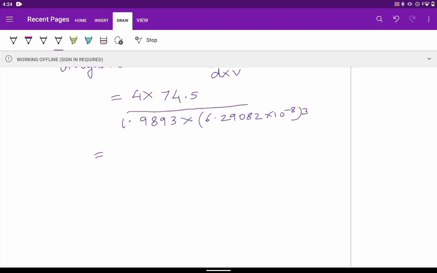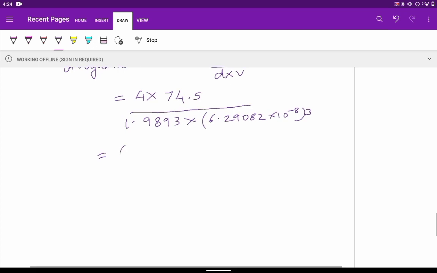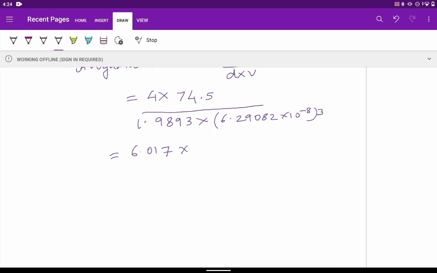Final answer is 6.017 into 10 to the power 23.